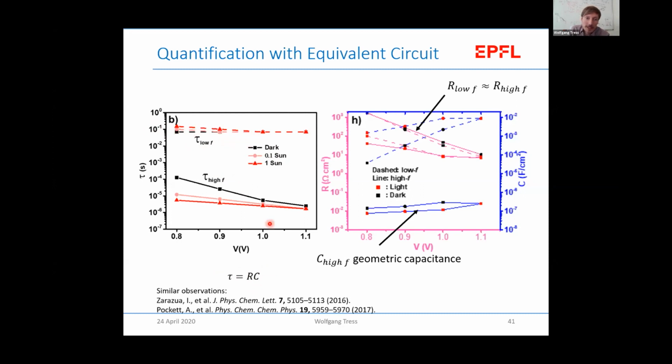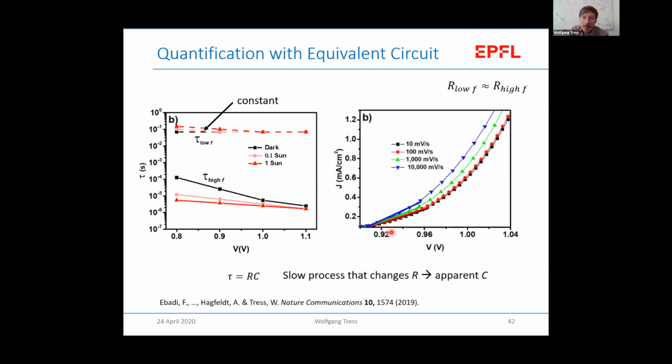And then already we can understand that when there is a time constant that is independent of these parameters, but we have a resistance which is strongly decreasing because the diode turns on, automatically there will be an apparent capacitance which has to increase a lot. And this is indeed what we want to argue for. So you can see, for example, when we vary the scan rate of this device, when we go faster, we can indeed see that in principle the resistance here changes.